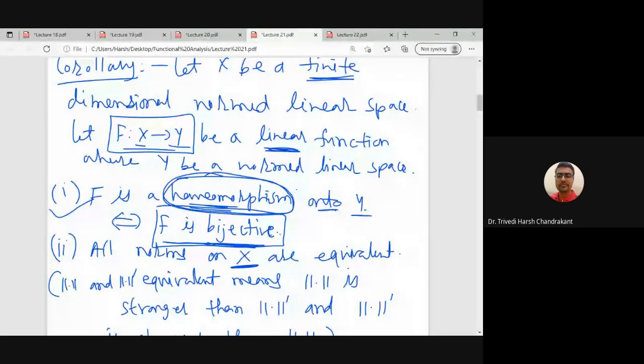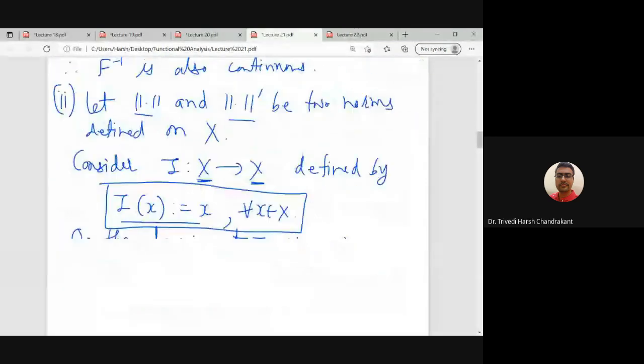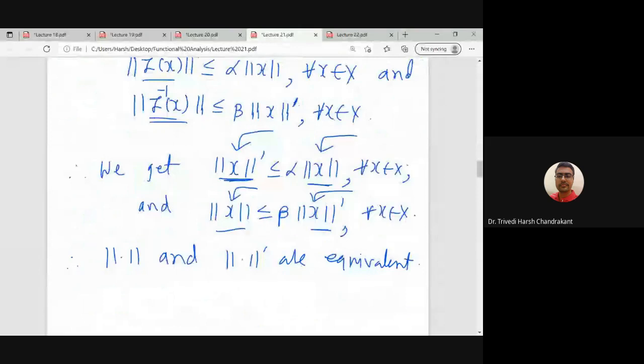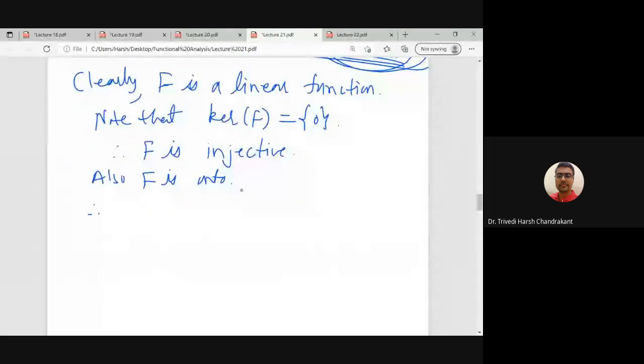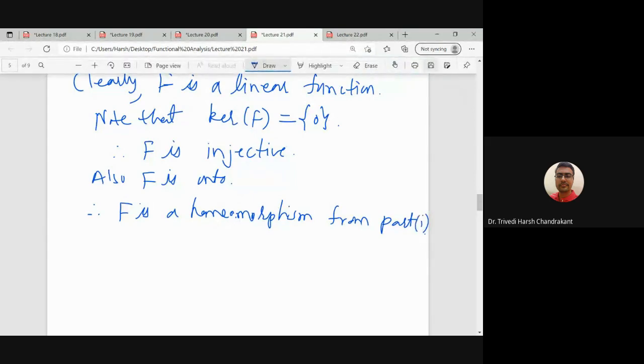So f is a homeomorphism from the first part.